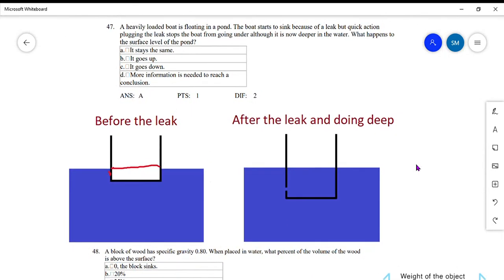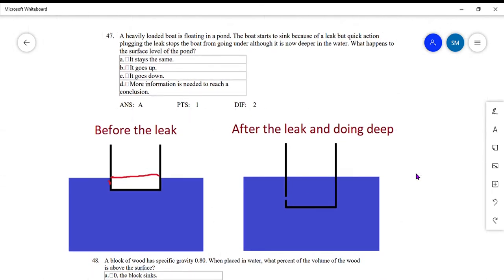Question number 47 is a little bit different from the previous one. He said in the question that also there is a boat and a pond, but the container or the boat goes deeper in the water. What will happen in this case?